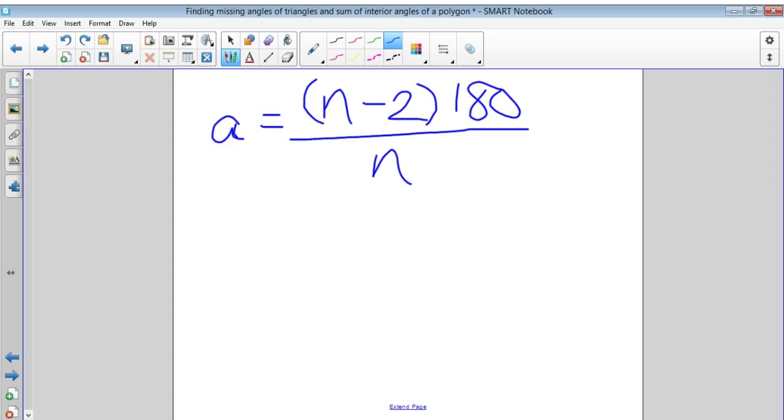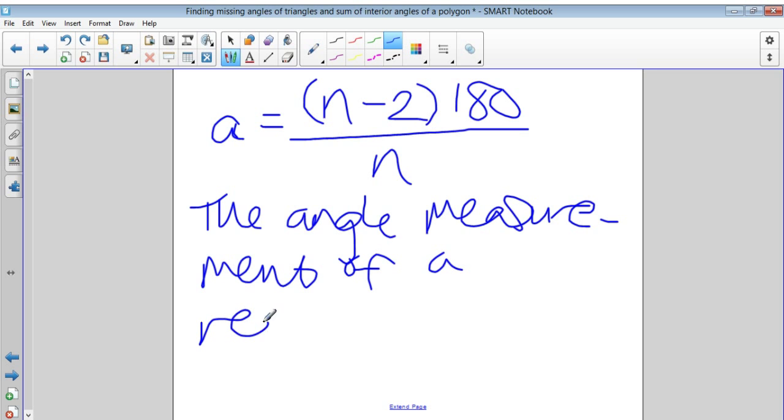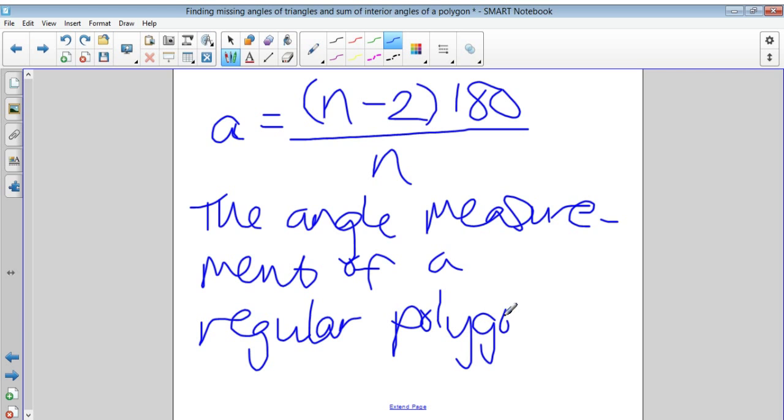And so this is the expression we can use to determine the angle measurement of a regular polygon. Again, it only works for regular polygons because all of their angles are congruent, all of their angle measures are equal. Okay, so here is the angle measurement of a regular polygon found that way.